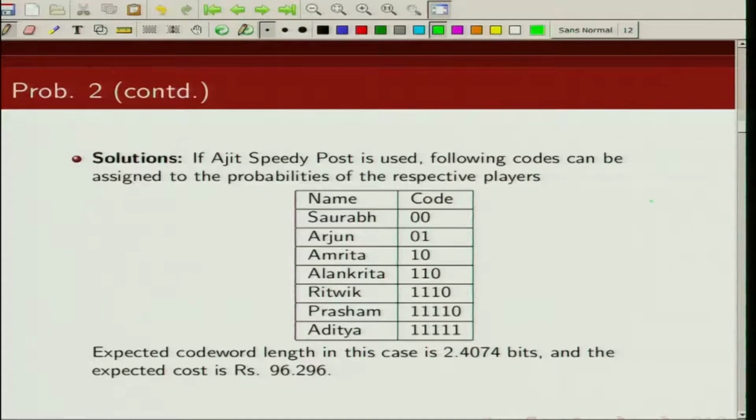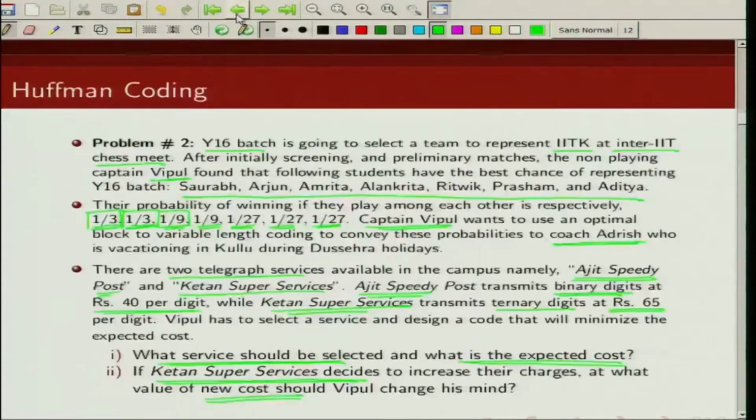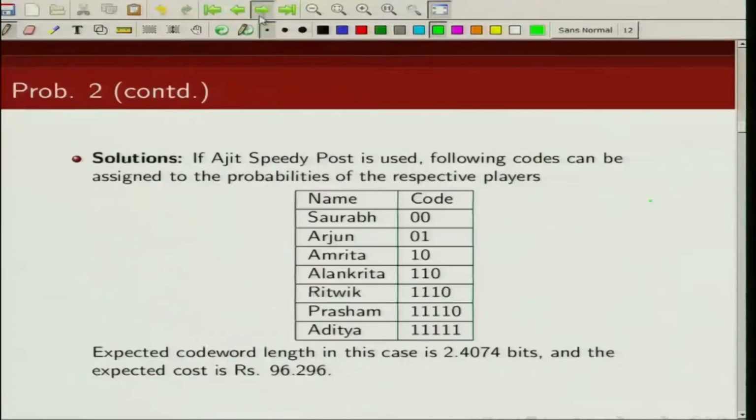So let's look at the binary Huffman tree first. We have nodes which have probability 1/3, 1/3, 1/9, 1/9, 1/27, 1/27 and 1/27. First we are going to combine these two nodes, and we get probability 2/27.